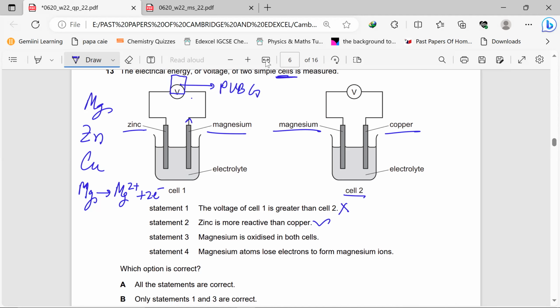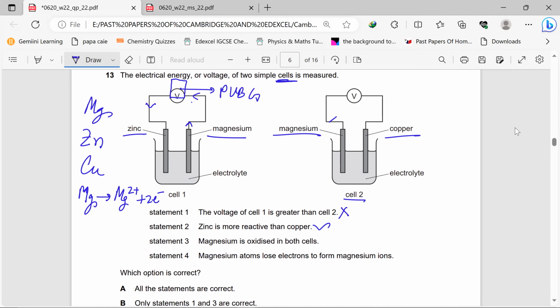This electron will go from magnesium to zinc and you can measure the voltage. That's how it will go. And for this, same thing, magnesium will lose electrons and this copper electrode will receive the electrons. So magnesium is oxidized in both cases.